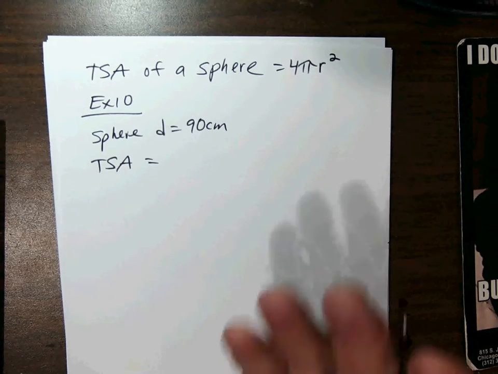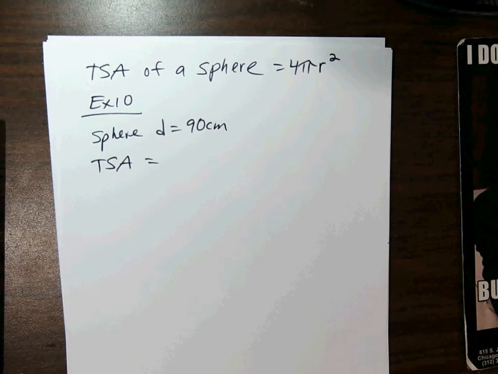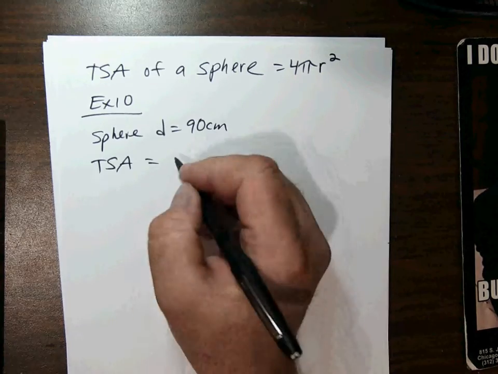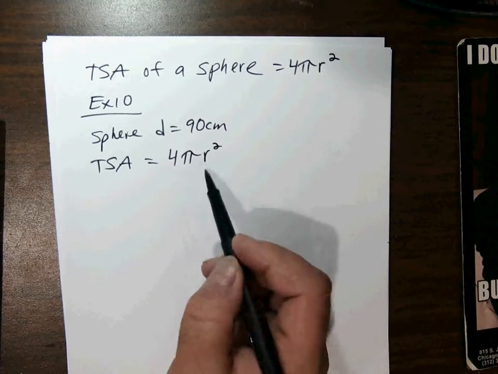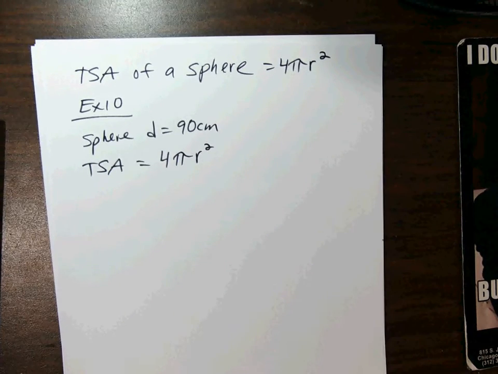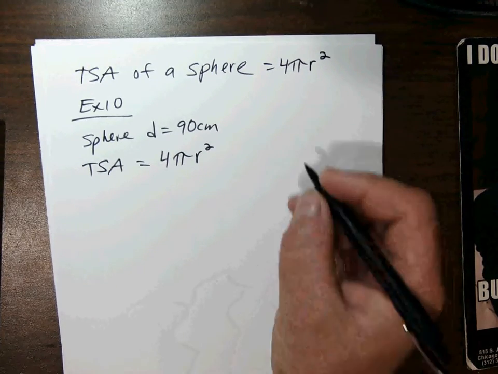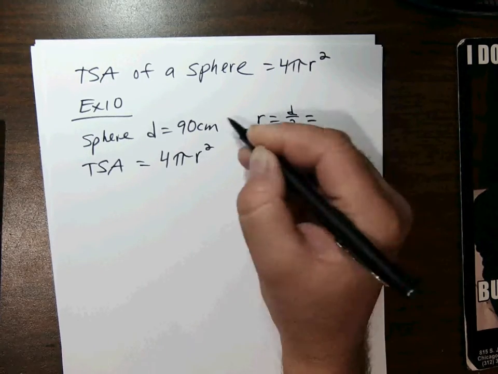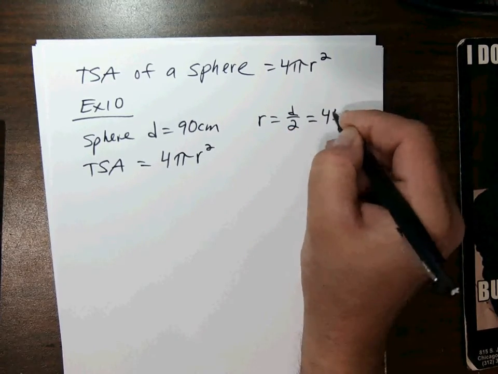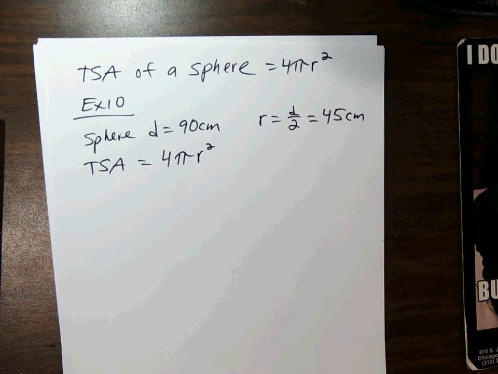Well, the formula says 4 pi r squared, right? So we would either need to make a correction and turn this into a formula involving diameter, which we could do, but it would be just as easy to say, all right, radius is half the diameter, right? So 90 divided by 2 is going to give me 45 centimeters for my radius. Let's just do that. Easy enough.